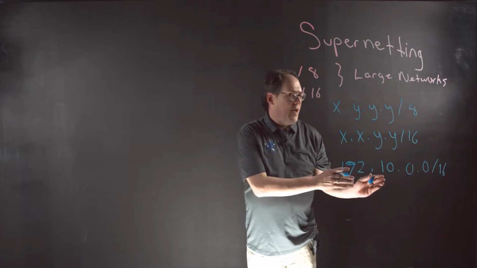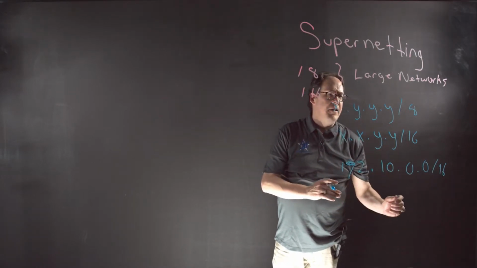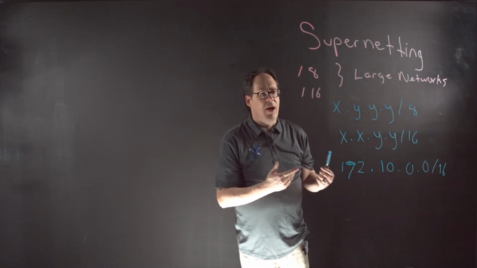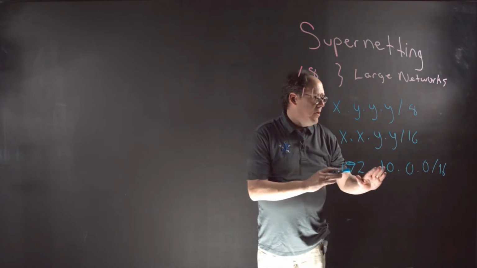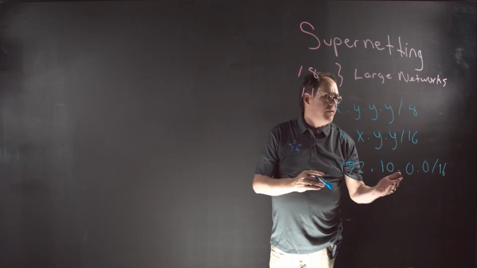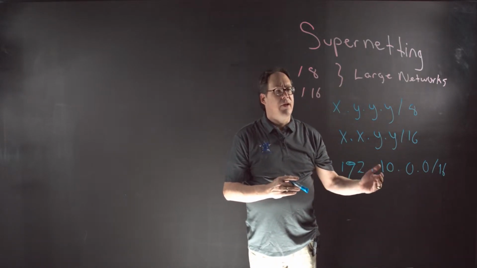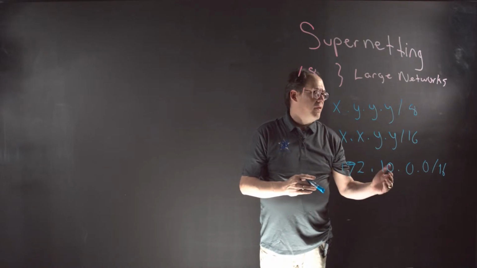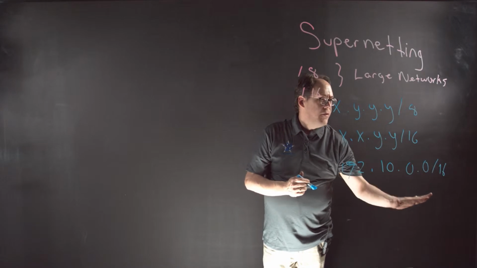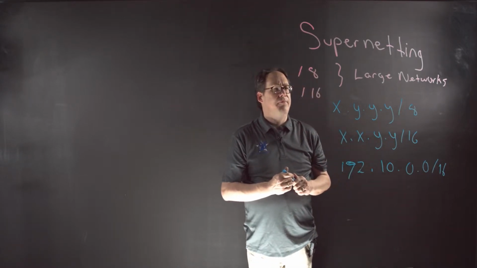Now, I can create all types of networks underneath this. I can define these subnets in routers to do whatever I wanted. I could have a subnet defined as 172.10.1, 172.10.2, 172.10.3. All of these networks are going to fall under the supernet.